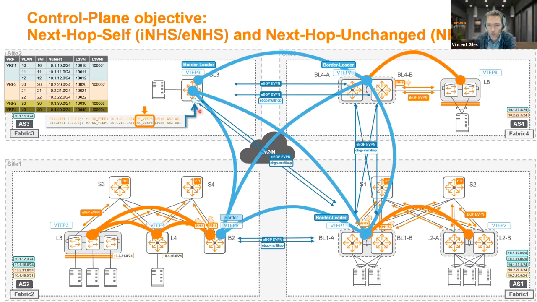So for instance, when VTEP1 receives any routes from VTEP5, the next hop for that route will be replaced by VTEP5. You have nothing to do. That's the traditional BGP way of handling next hop rewrite for external BGP.